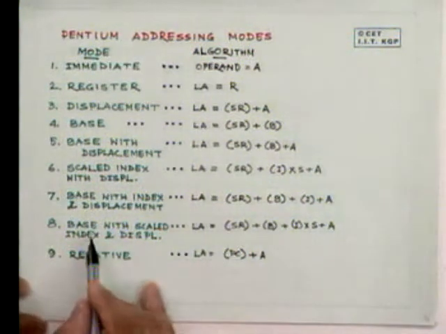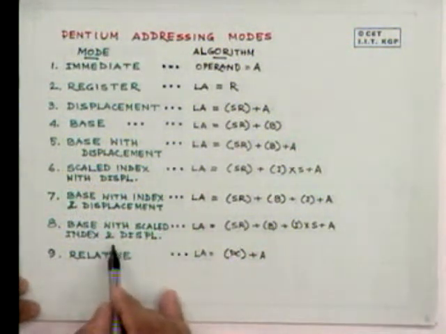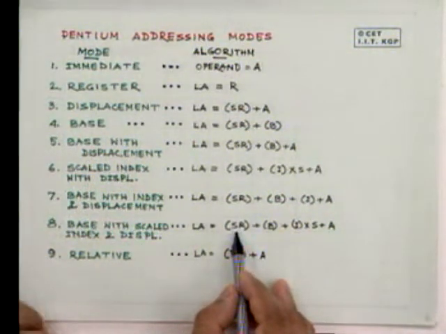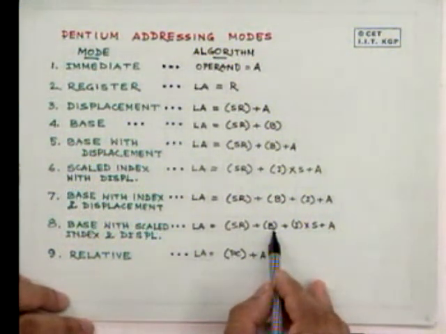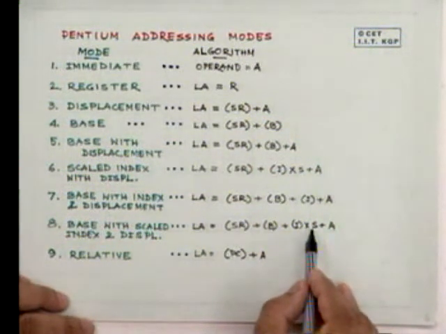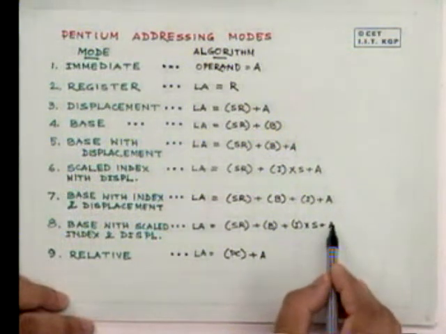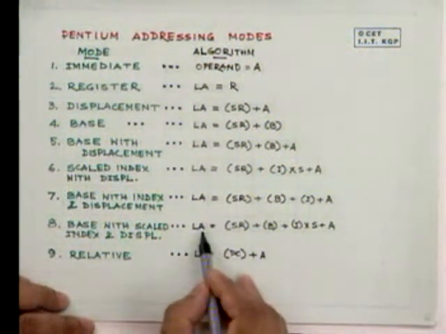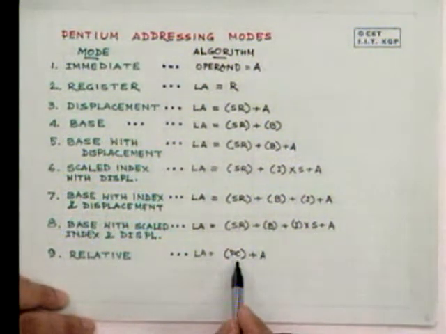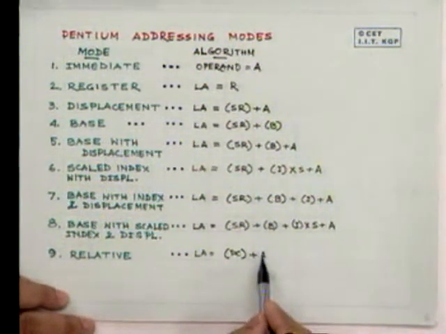Similarly, base with scaled index and displacement is: take the content of the segment register, the content of the base register, the content of the index register multiplied by the scale register content, and add the displacement to get the linear address.